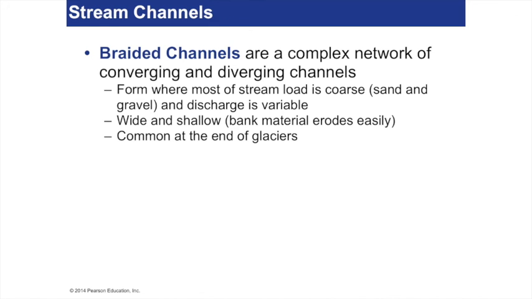And you'll see that a lot of times when the ground is so flat that there's hardly any gradient at all, and whatever material is falling down, the water then just finds another path. You'll also have this common at the end of glaciers, where water is coming not from one single channel, but from an entire area, and so you have lots of little rivers coming around from the braided channels.